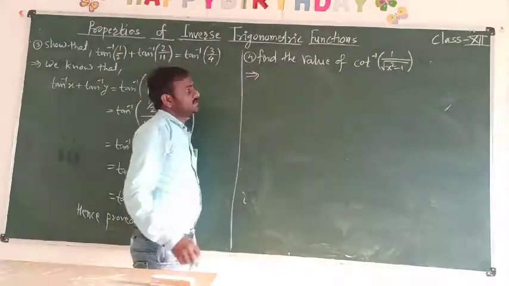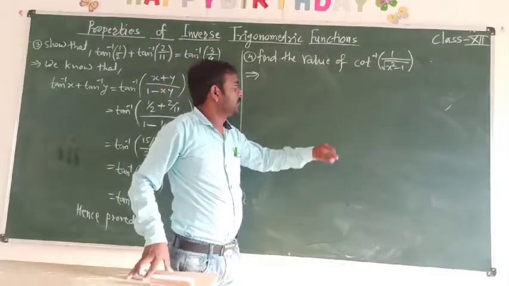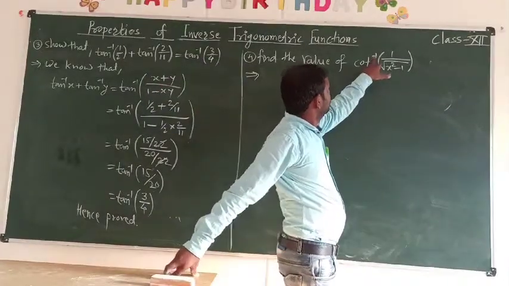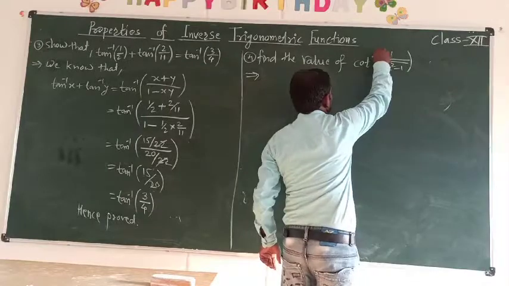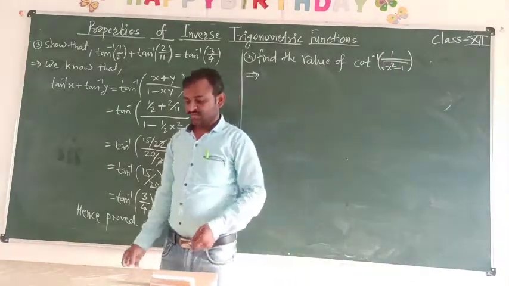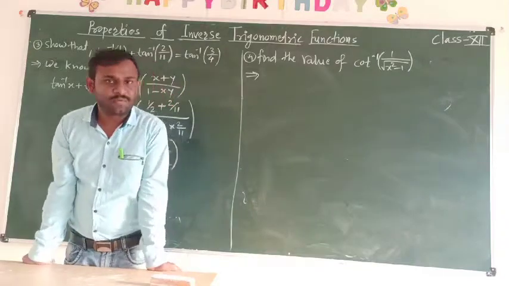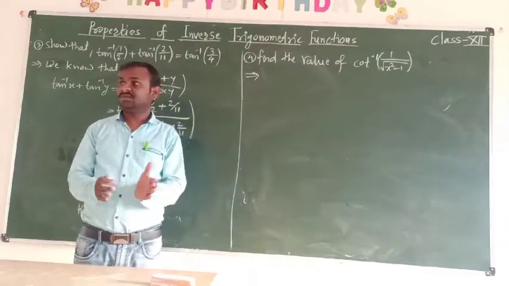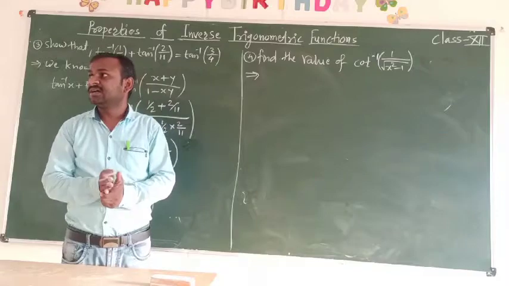So in this example we get cot inverse 1 upon under root of x square minus 1. But we know that by property cot inverse of cot theta is equal to theta.